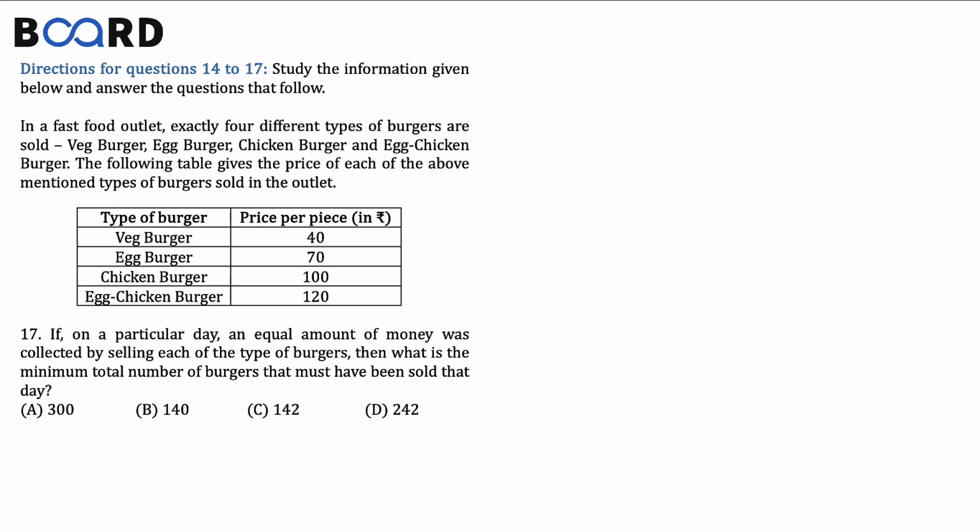So my first question is, how many burgers did I sell? They said that the total amount of money that I collected by selling each burger was equal. So if I know that a veg burger costs 40 rupees per piece, then I have to know how many burgers I sold. Multiplying them, I'll get the total sales value, which is supposed to be equal for everybody.